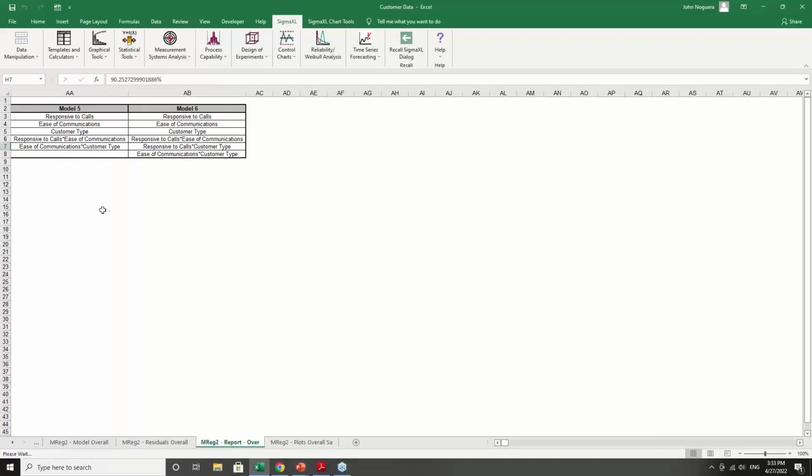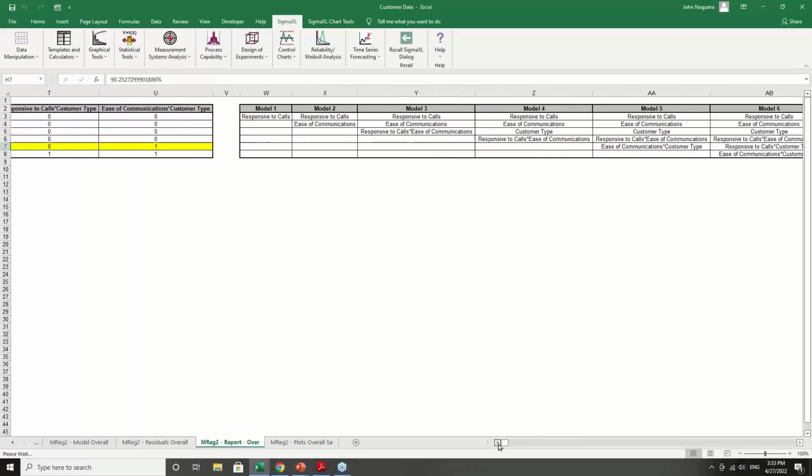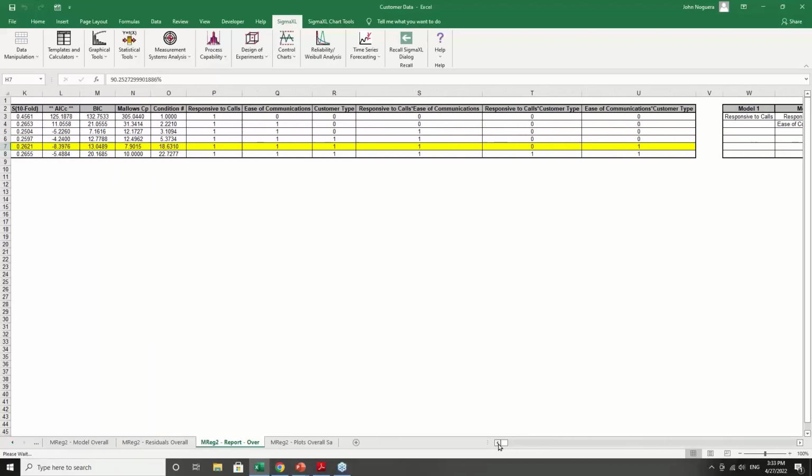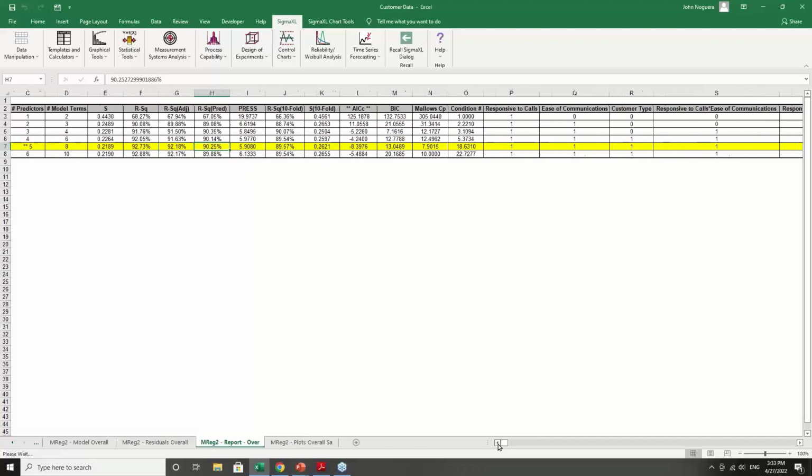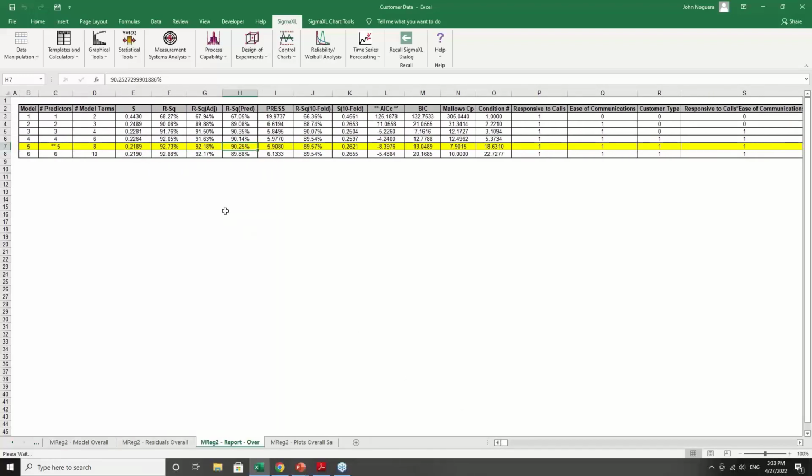It includes more terms than the simpler model from the previous analysis. So that's another option. It's got an R-square of 92.73.